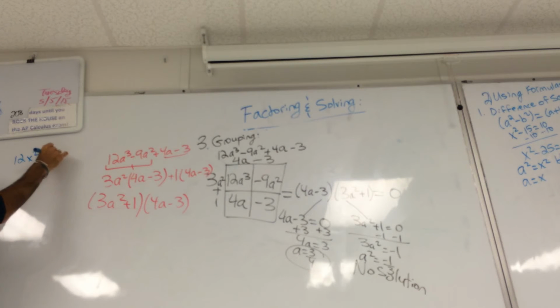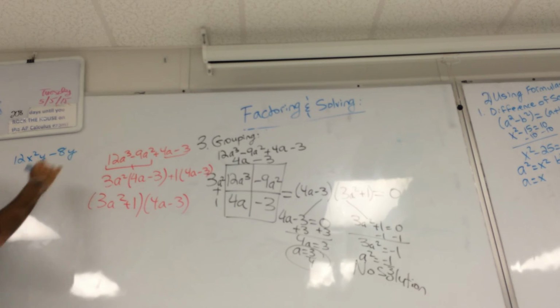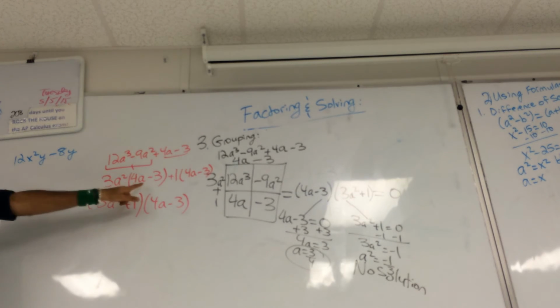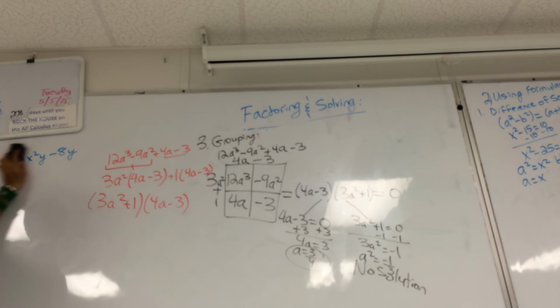So when I factor, I'm not adding. It's like the 1 you distribute, and then you still have the multiplication with the 4A minus 3.